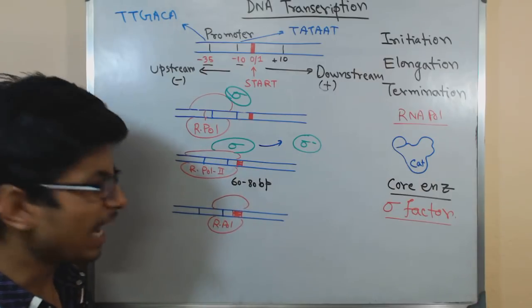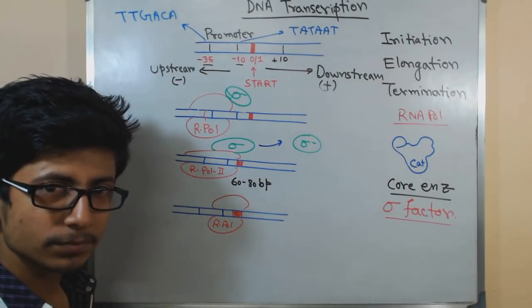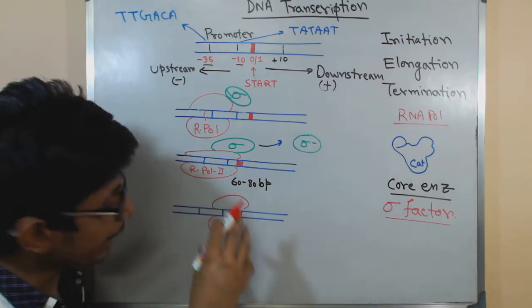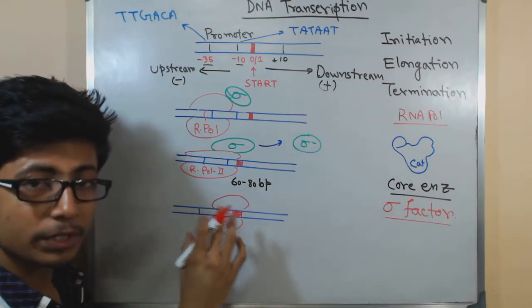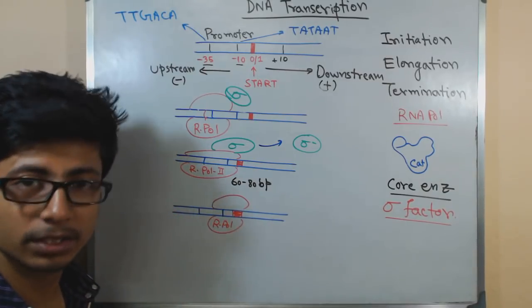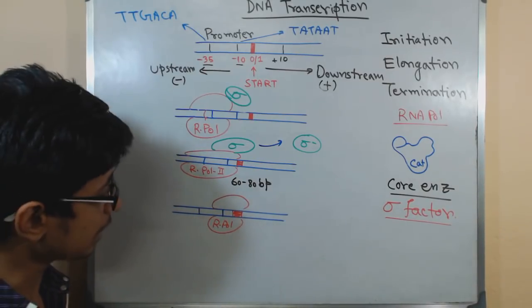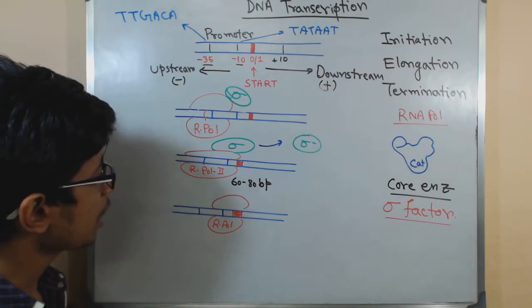So now RNA polymerase is in a particular place inside this region, at the start site of this DNA.